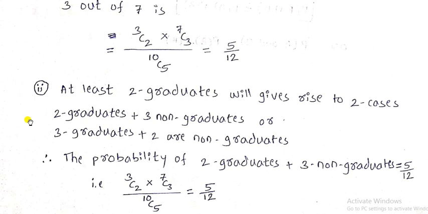So in the 5-student committee, we select 2 graduates with 3 non-graduates, or 3 graduates with 2 non-graduates respectively. The possible outcome becomes 3C2 times 7C3, whole divided by 10C5, which is also 5 divided by 10.